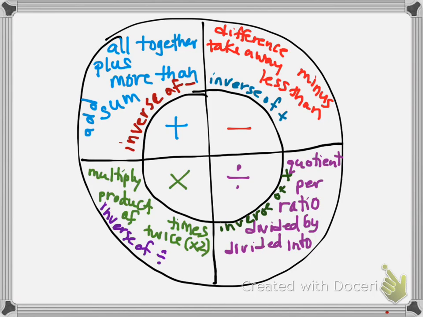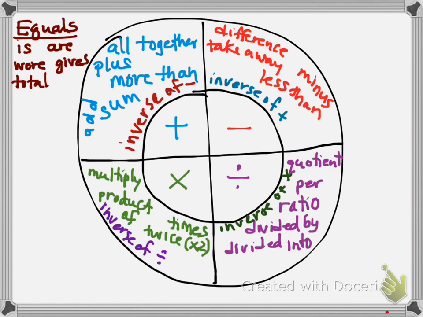So what you're going to do is find some space around the outer edges. We're going to add 3 more things in 3 different locations. Okay? So first location, I want you to write equals. It's on the outside of the circle now. Words like is, are, were, gives, totals.